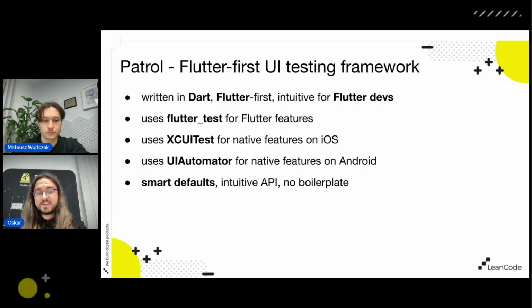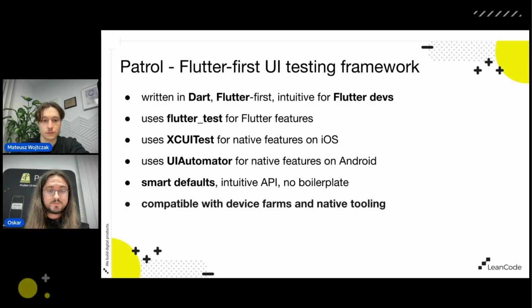So we basically extend it. But for the native features, we use XCUITest for iOS features and UI Automator for Android. And of course, there are those smart defaults. So you don't need to worry about all of the things that we believe that most of the time we can go with defaults. And of course, there's this compatibility with device farms and native tooling.